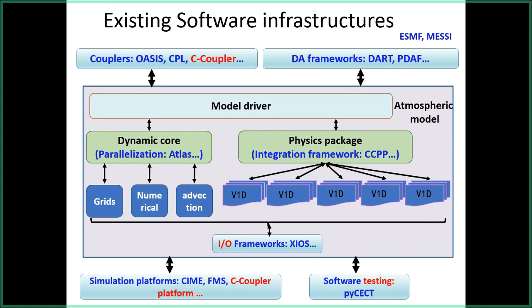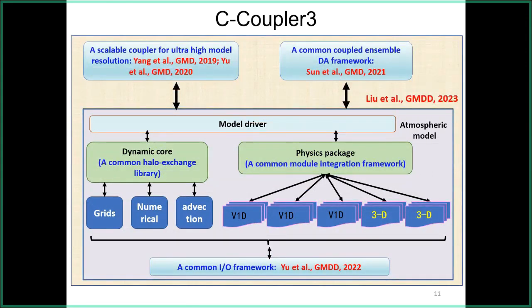So we try to achieve these software infrastructures in the same platform based on C-Coupler 2. So we make C-Coupler 3 an integrated coupler software platform with various frameworks. C-Coupler 3 now becomes a scalable coupler for ultra-high model resolution. And it has a common coupled ensemble data assimilation framework.